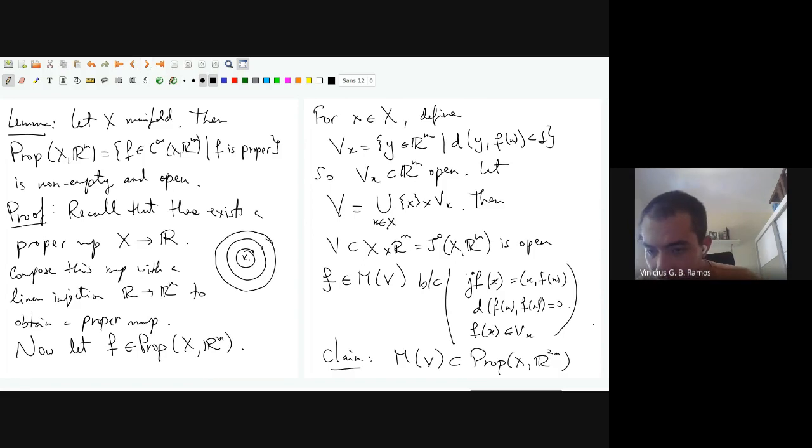Wait, did I write M or 2M? I think Rm. Yeah, that's right. And for this proposition, I don't need any conditions on M compared to N. That's true even for M equals 1.